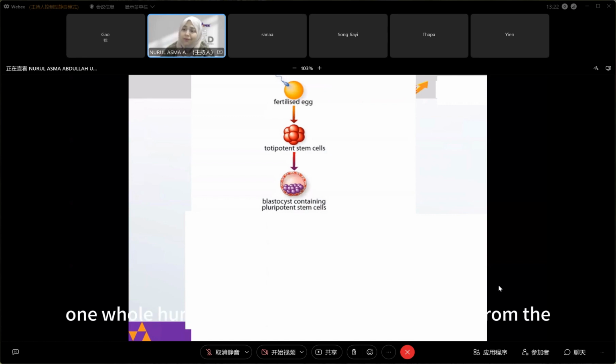So that's the reason why the fertilized egg regrows into a blastocyst. The blastocyst is the source of one new human in the making. After it grows and differentiates, the blastocyst will contain the second category of stem cells called pluripotent stem cells.